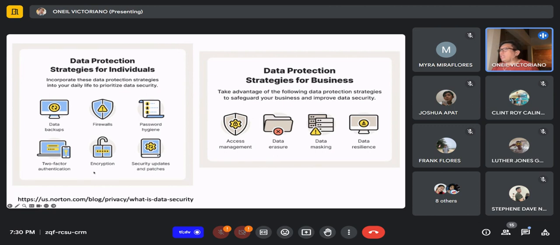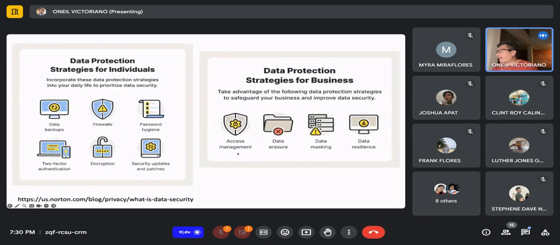So same thing, looking into data backups, firewalls, password hygiene. They call it password hygiene because of how passwords are correctly or uniquely processed or managed. There are security patches and updates, encryption, two-factor authentication. So these are some of the strategies.